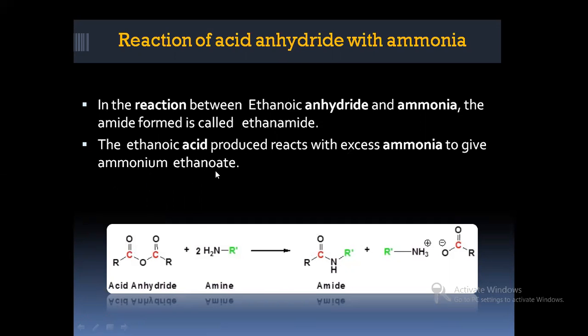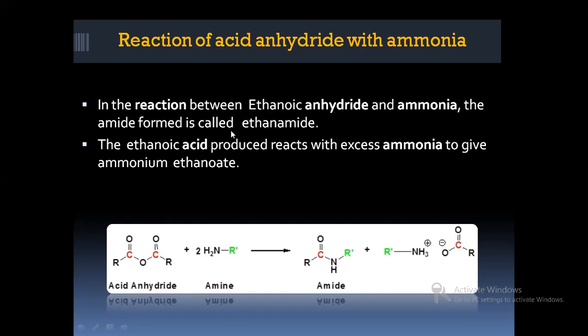It's not necessary. You can simply give a general expression, or you can change the structure of the general equation, where in place of R you can put CH3, so it becomes acetic anhydride, right? And the amine remains the same. Again, in place of R and R prime, you can keep two alkyl groups, or otherwise you can simply write this general equation, and instead of ethanoic anhydride, you can simply write acid anhydride and ammonia.